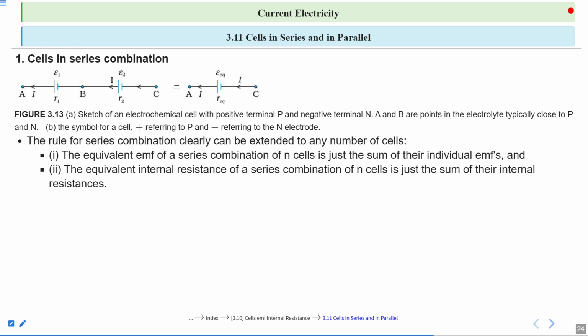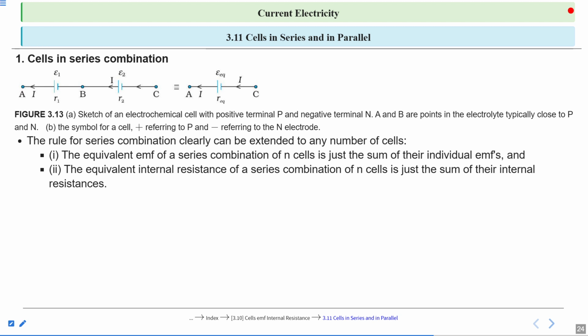The rule for series combination clearly can be extended to any number of cells. So we can extend this result to n number of cells. If the equivalent EMF of two cells is epsilon 1 plus epsilon 2, then the equivalent EMF of n cells will be epsilon 1 plus epsilon 2, and so on up to epsilon n.